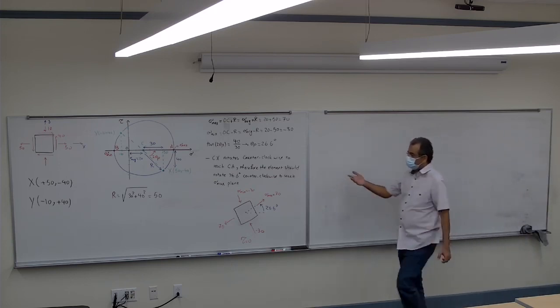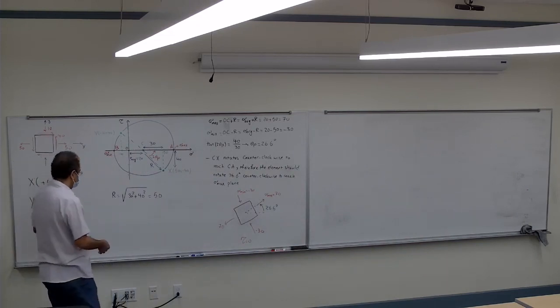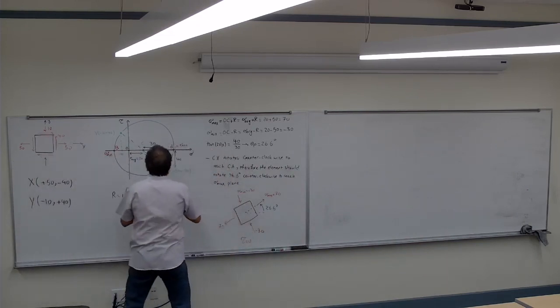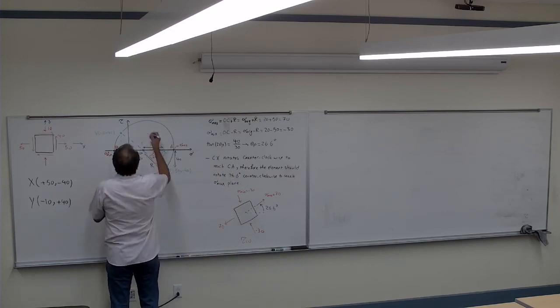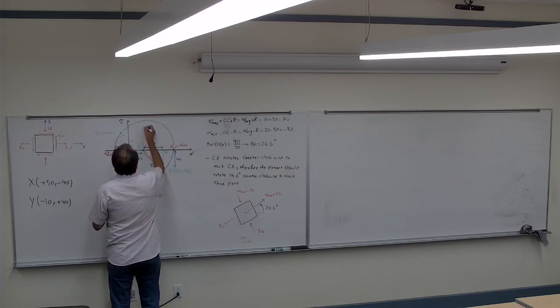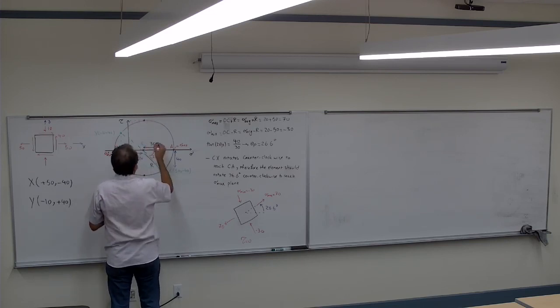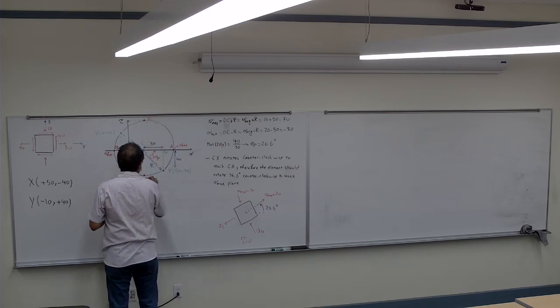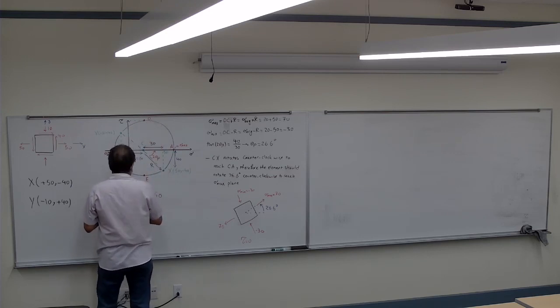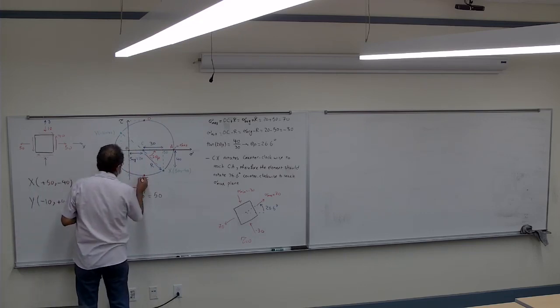Now, I want to find the tau max and tau mean. Where do the tau max and tau mean happen? It happens at the very top and at the very bottom, here. We're going to call them point D and point E. So if I come here, that's the negative tau max.